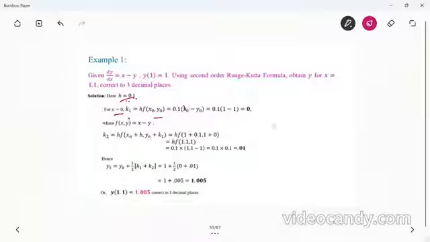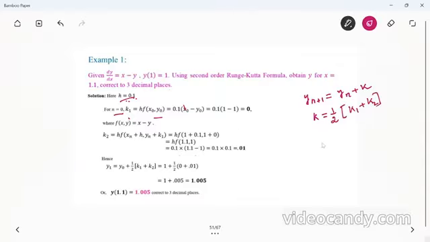What is the formula? For the Runge-Kutta method of second order, yn plus 1 equals yn plus k. What is k? k should be half of (k1 plus k2). That means we have to calculate k1 and k2.